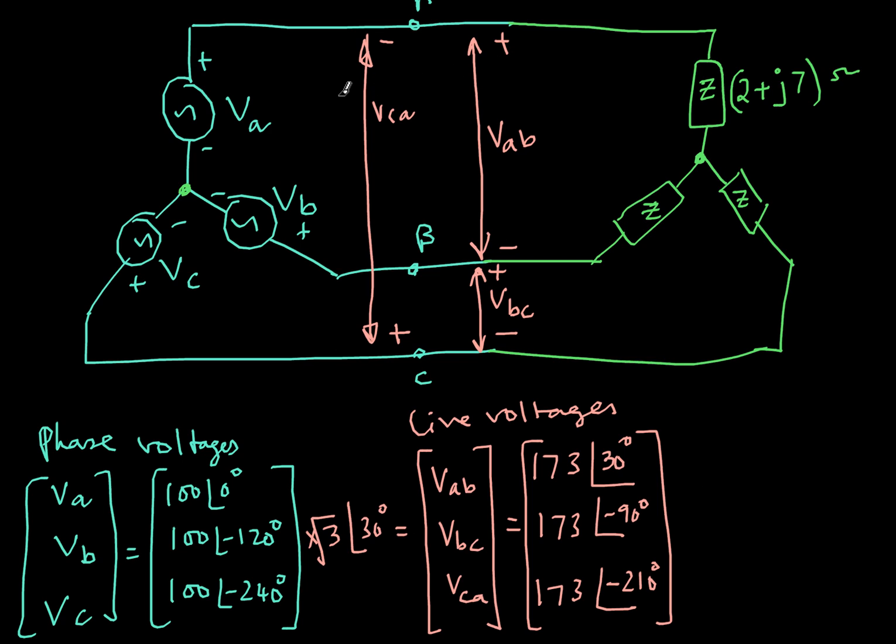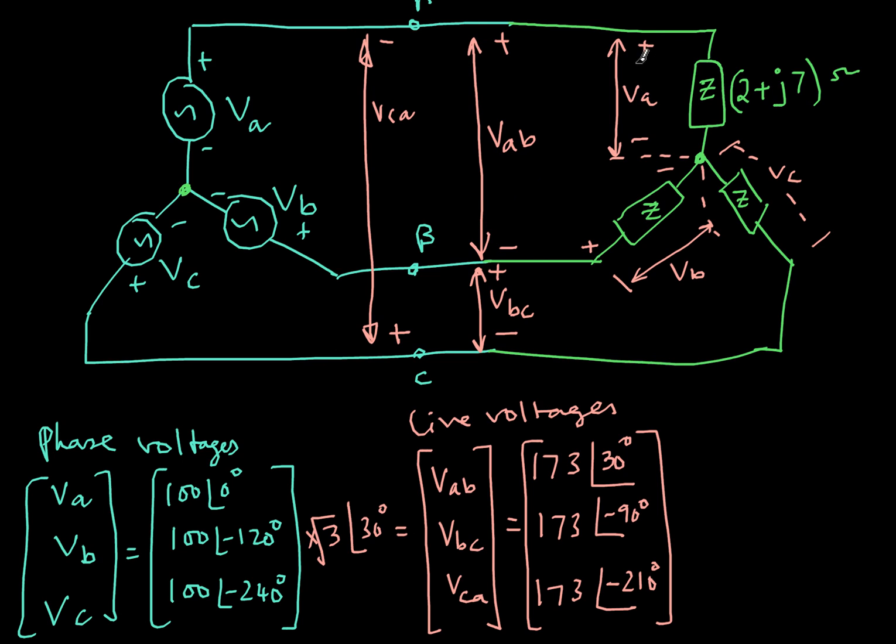Now, if this is a line voltage applied, what are the phase voltages at the load? Again there will be VA here, and again there will be VB here with reference to this VB. Again there will be VC here. By the same logic, the signs would be like this will be high voltage, this will be low voltage, this will be at a higher voltage, this will be a lower voltage.